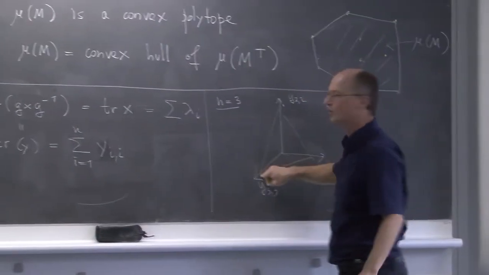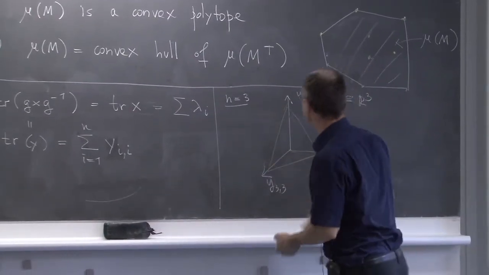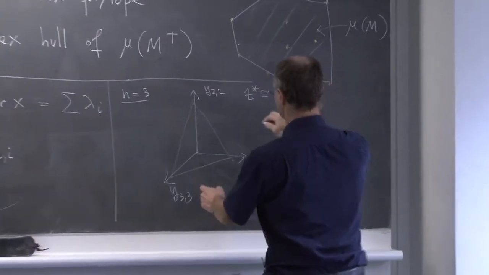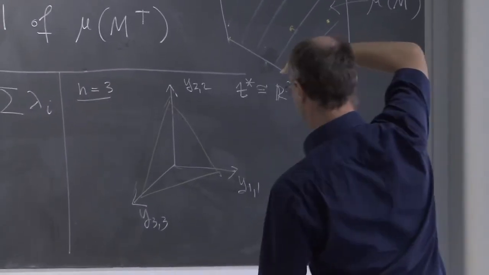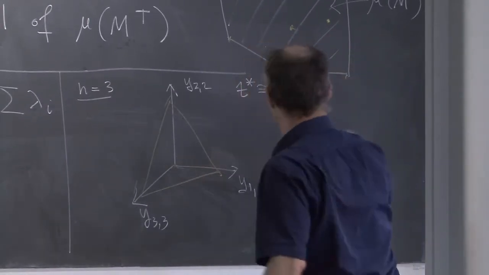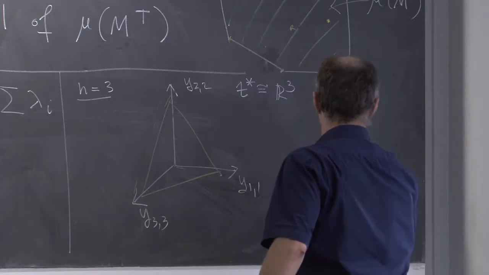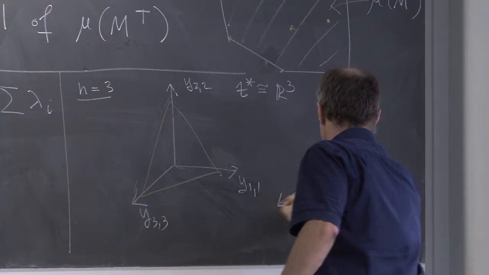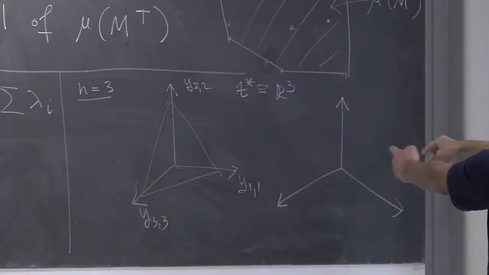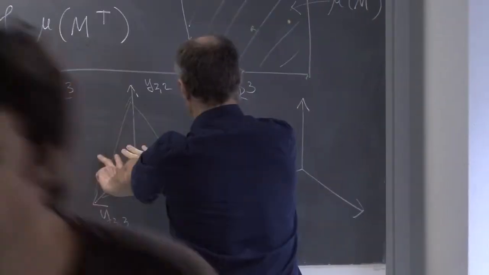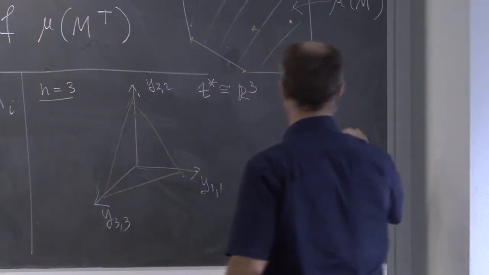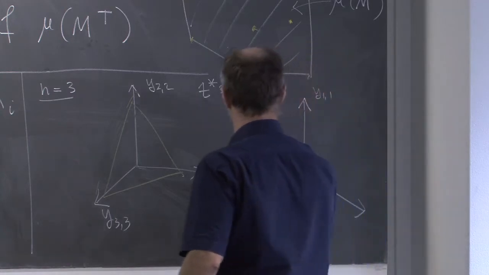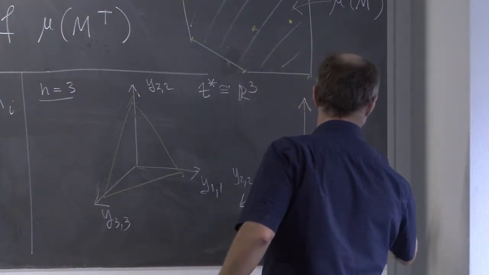That's why it's maybe more convenient to think that we are looking from this point to the corner and do the two-dimensional drawing. So that's the projection of our 3 axes on this plane. These were the axes: y11, y22, y33.